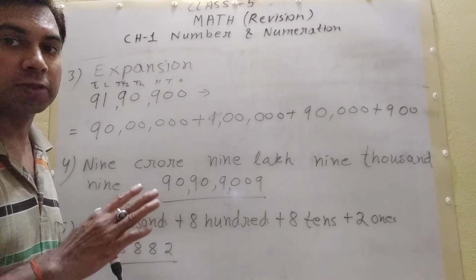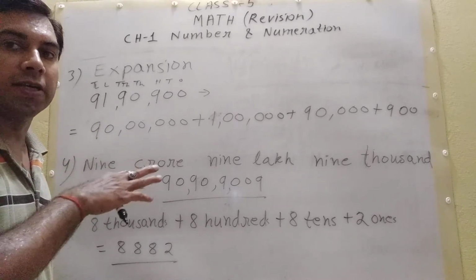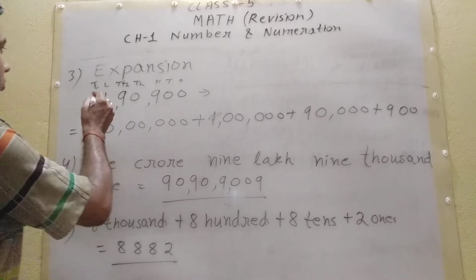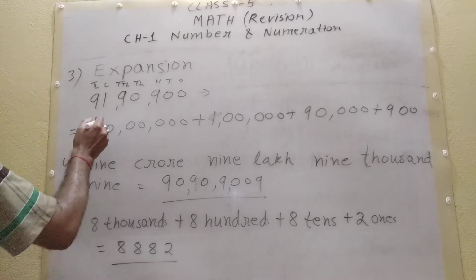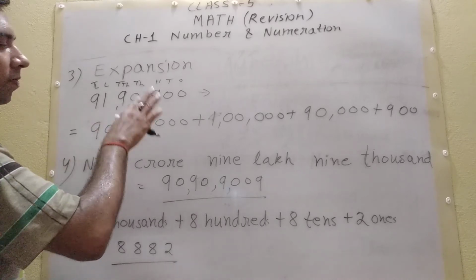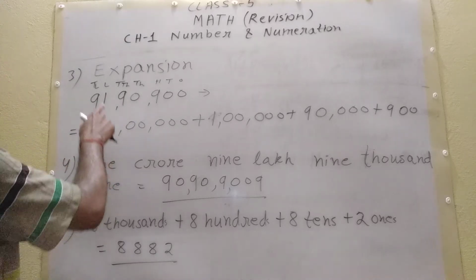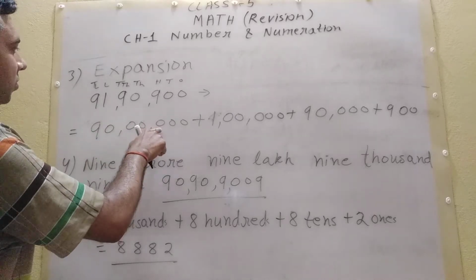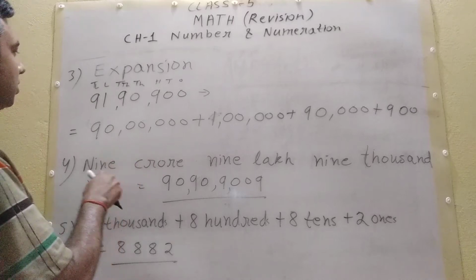Whenever you are expanding, you start from the left hand side, and whenever you are writing the number name, also you start from the left hand side. So starting from the first digit on the left hand side, write that digit and make the rest of the digits 0. So I have written 9 and then 0, 0, 0, 0, 0, 0.